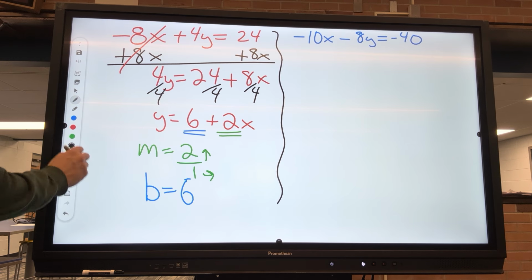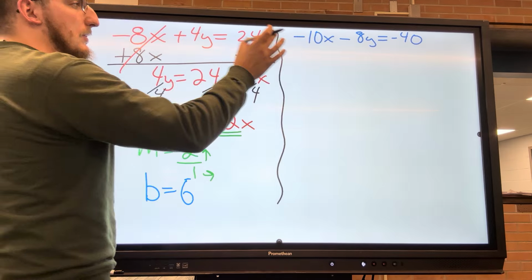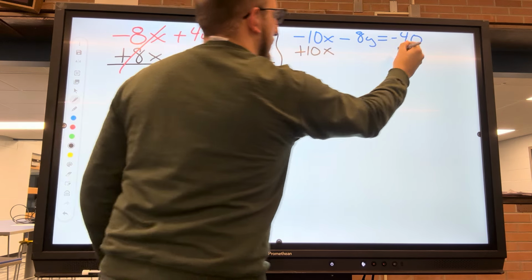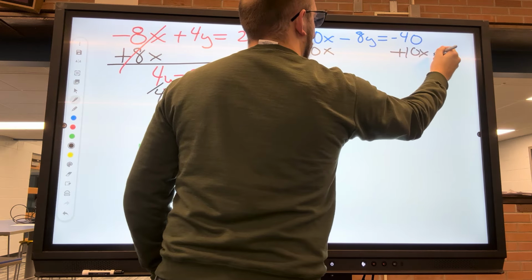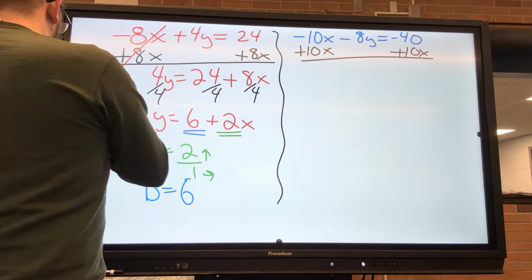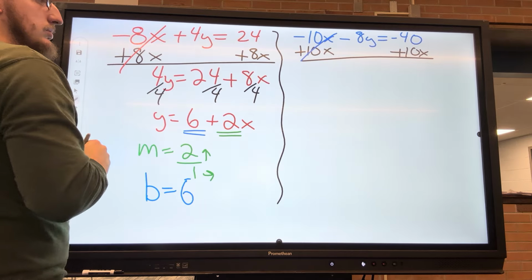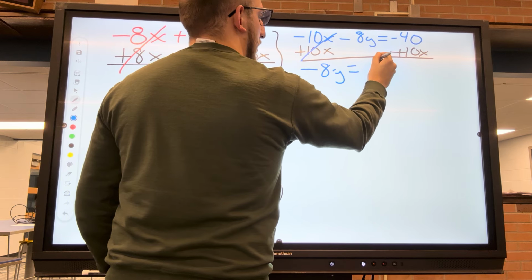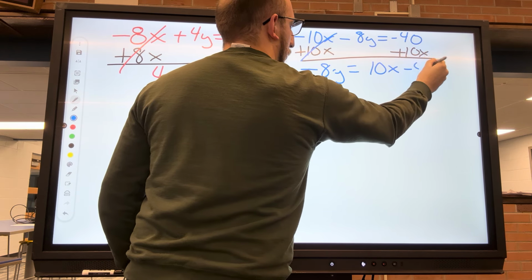Now let's do the other side. How do we get rid of minus 10x? Why don't we add 10x to both sides of the equation? These guys cancel. So we get negative 8y equals 10x minus 40.